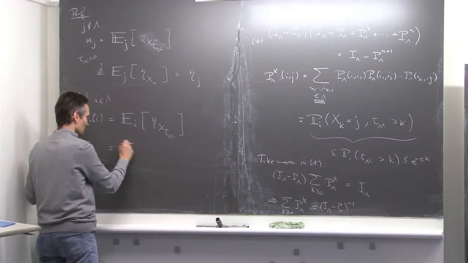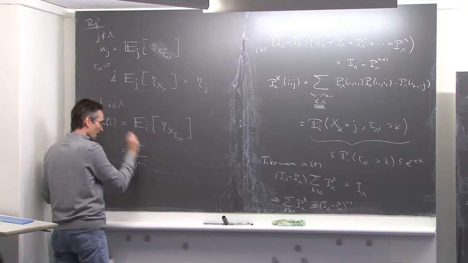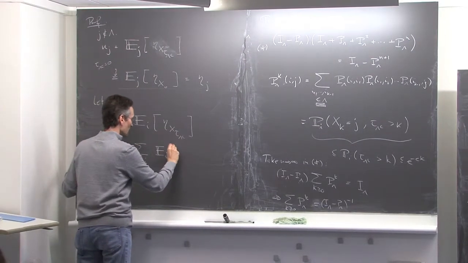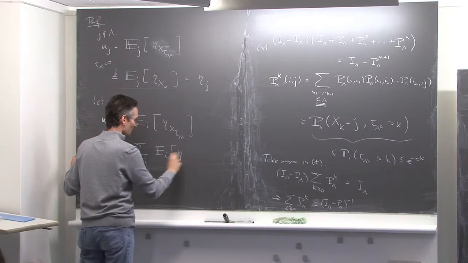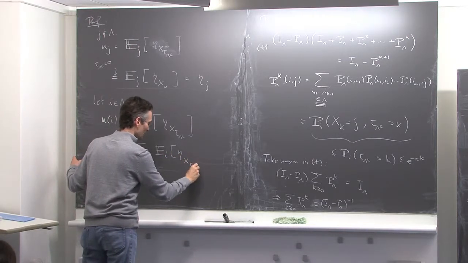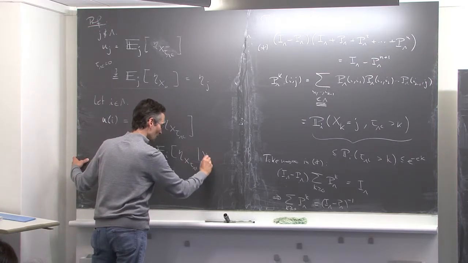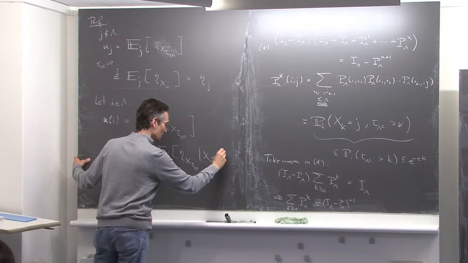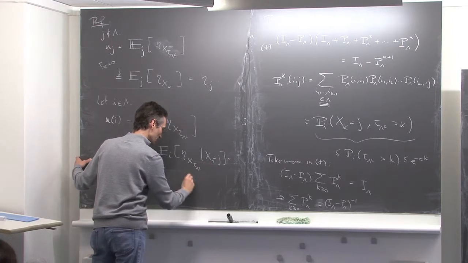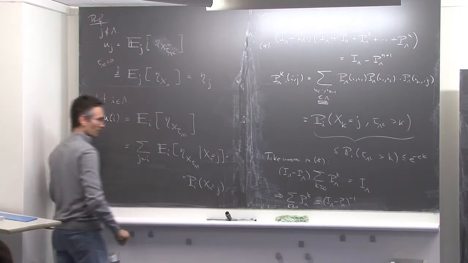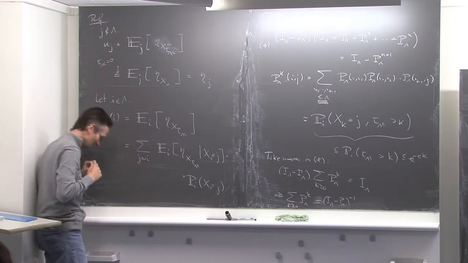So this is just the sum over all j neighboring i of the expectation under P_i of eta of x tau lambda c, given that the first step x1 is at j, times the probability starting at i that at time 1 I'm at j. I haven't done anything yet.